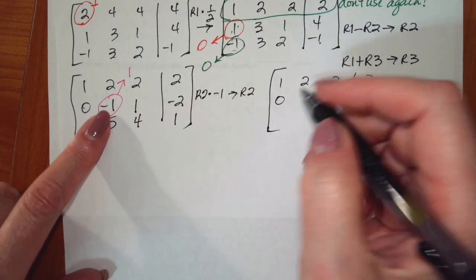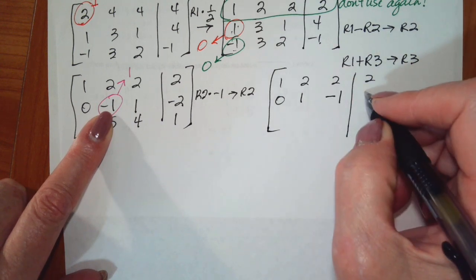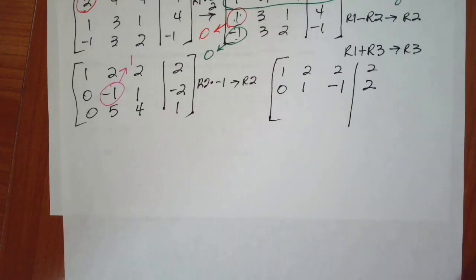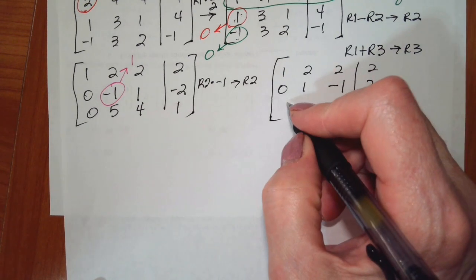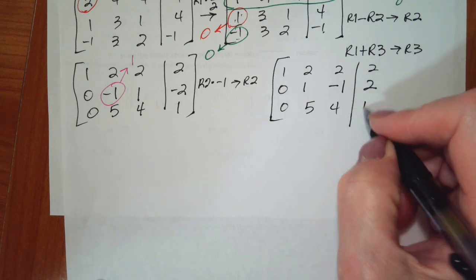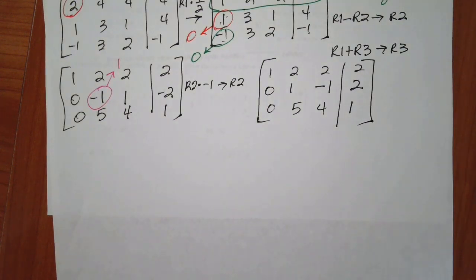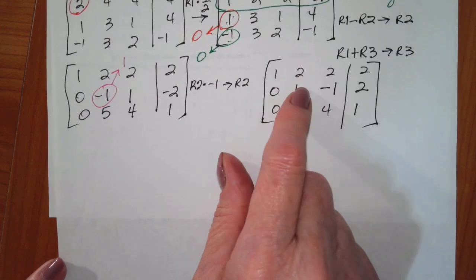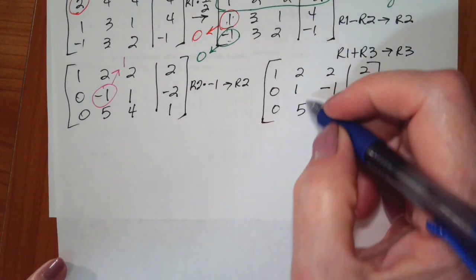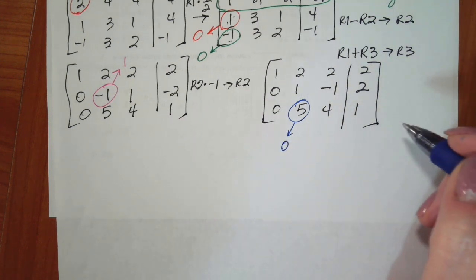If I multiply by negative 1, this becomes a positive 1, a negative 1, and a positive 2. And then I've got 0, 5, 4, 1. I just want to make sure you can see each step. Alright, so I've got my 1 and my 0, 0. The next thing I want to do is turn this 5 into a 0.